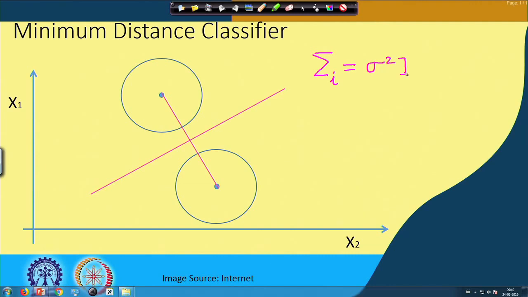So the covariance matrix for all the classes is the same, in the form sigma square I, where I is the unity matrix.